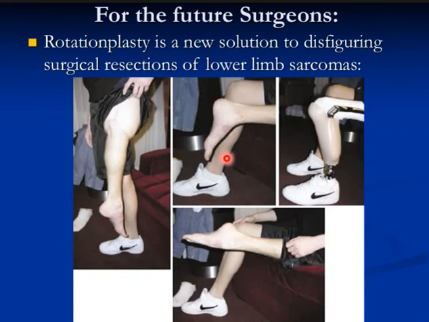To resect the bone. See, the foot is reversed, one is anterior, one is posterior, and it works like a knee joint. Exactly, a functional benefit.